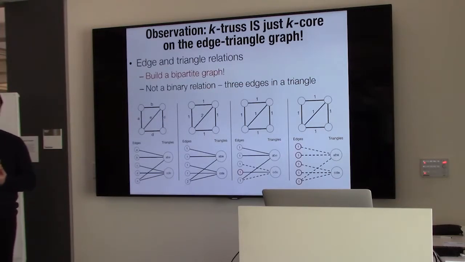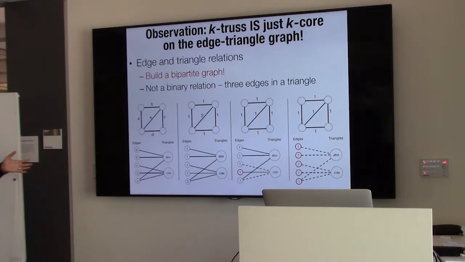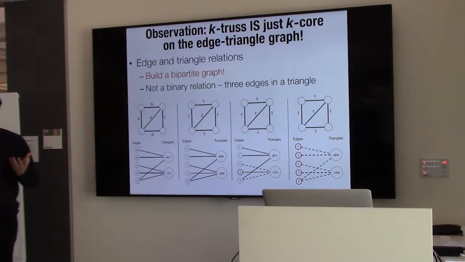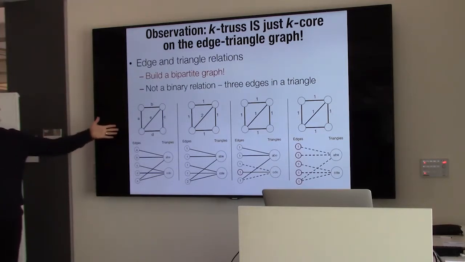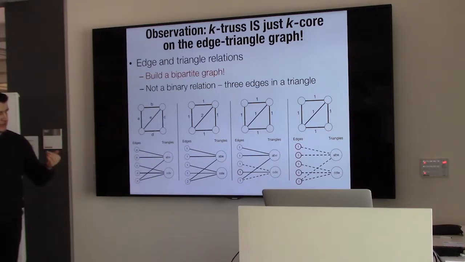So, I told you all this about the previous works, that k-core and k-truss are different things and so forth. What we observed is that the k-truss is actually just a k-core if you consider the correct graph model. If you think about a bipartite graph or a hypergraph, where you have edges on one side and triangles on the other side, doing k-core decomposition gives you the same thing, and in this case it becomes a truss decomposition.